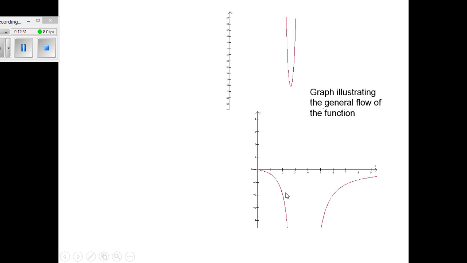Here's x equals 3. Here's x equals 4. In between 3 and 4, we are within this region here. It's not parabolic, because parabolic is never confined within vertical lines as this is.